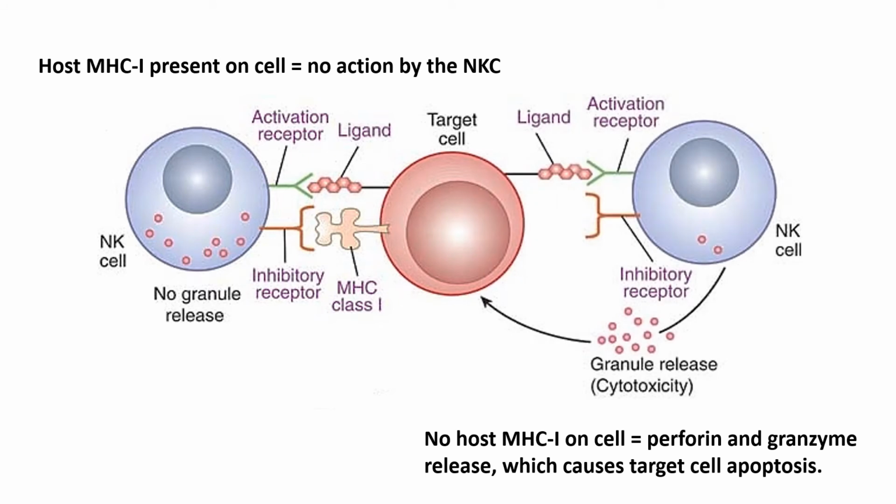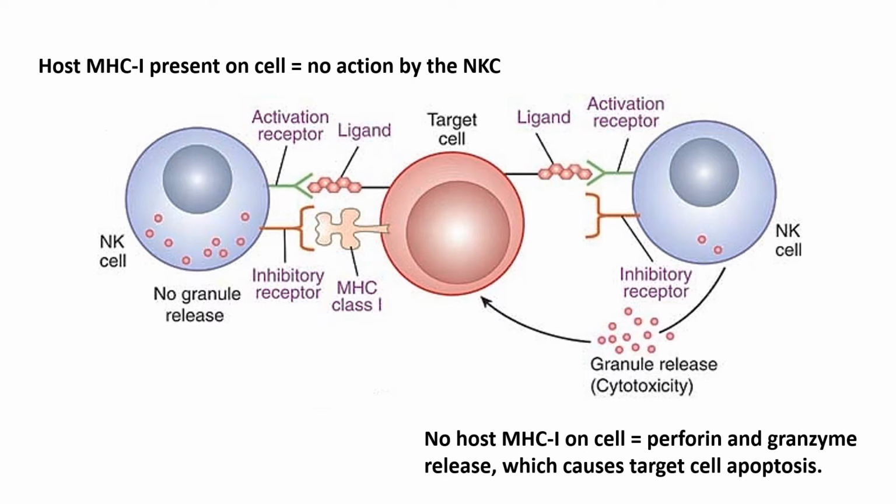However, in this case, the receptor on the natural killer cell has bound to the target cell, but its receptor that's looking for MHC1 hasn't found it. So that causes it to then degranulate.